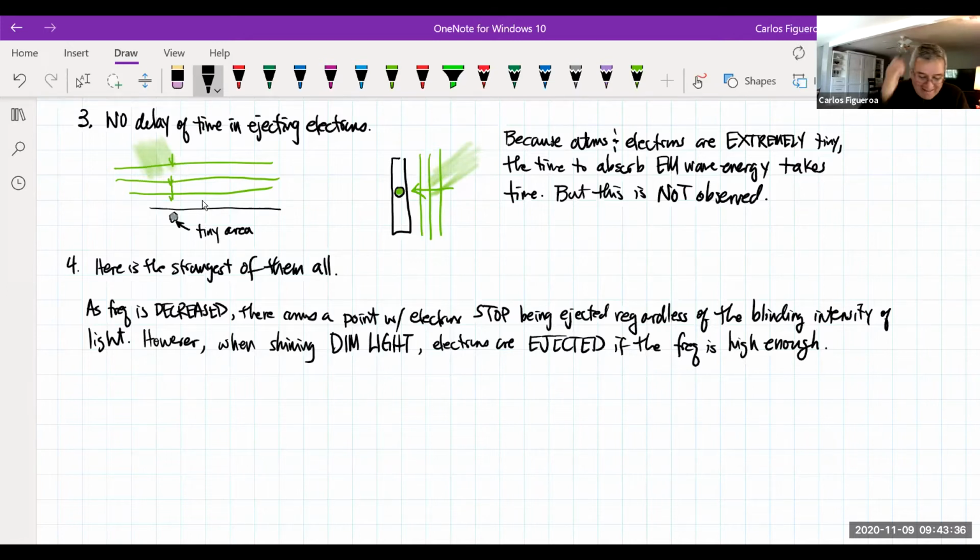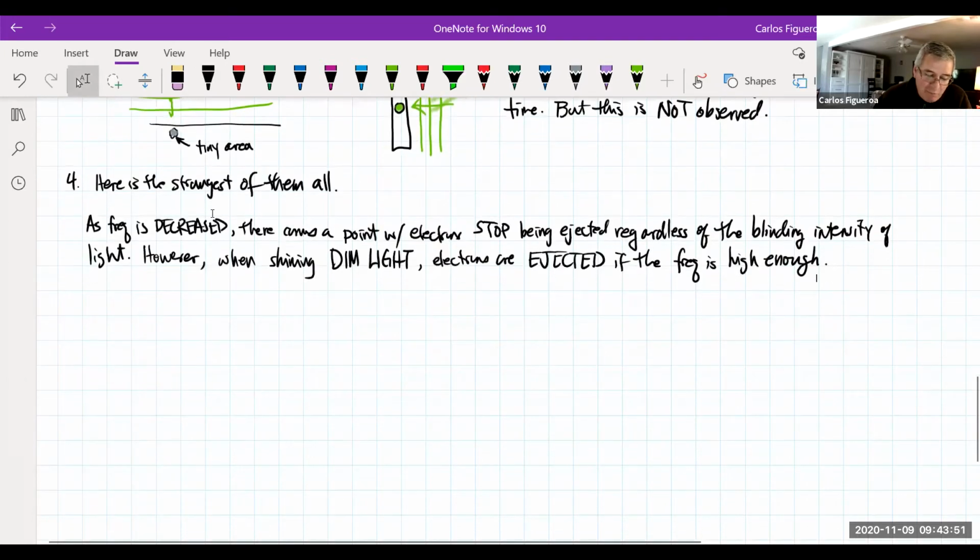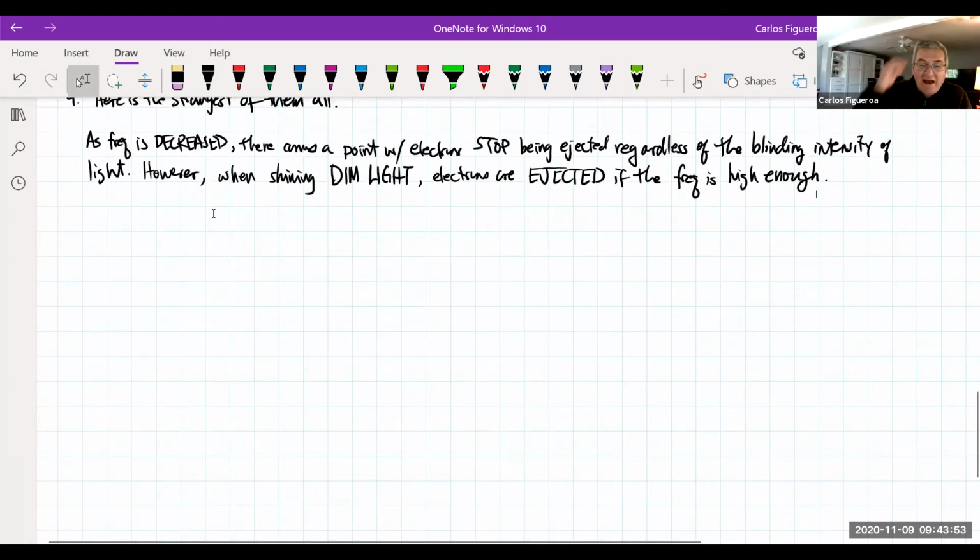Now, you're probably thinking there's no way that, okay, so dim light can eject it, but blinding light can't. So to try to get that point, I have a crazy analogy. I think it's a good analogy, and I think it's right. So here's my analogy now.